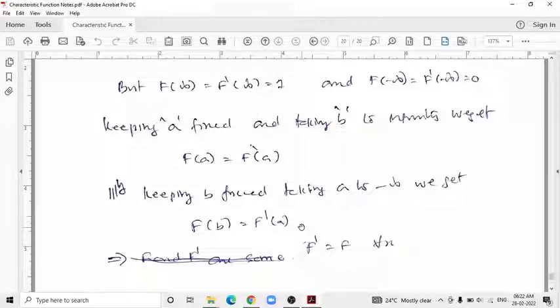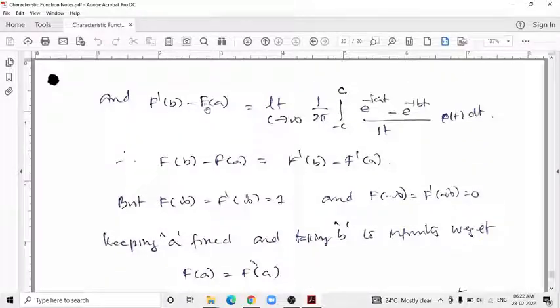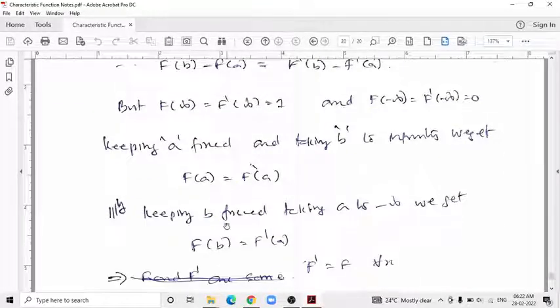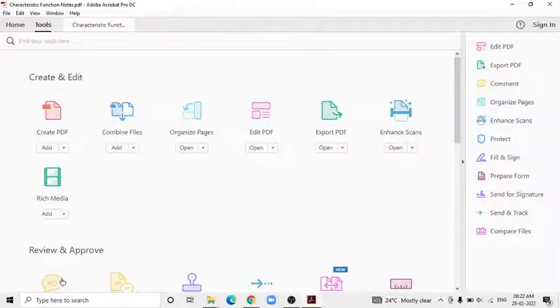Again I repeat, you have to consider the corrections here. One is F dash b minus F dash a, and the second is F of b is equal to F dash b. I shall do the correction using the pencil in the video, even though it is already published in the PDF format.